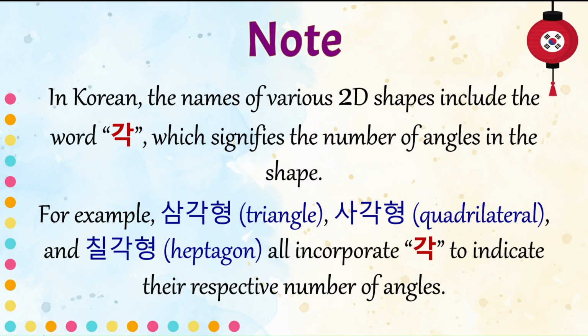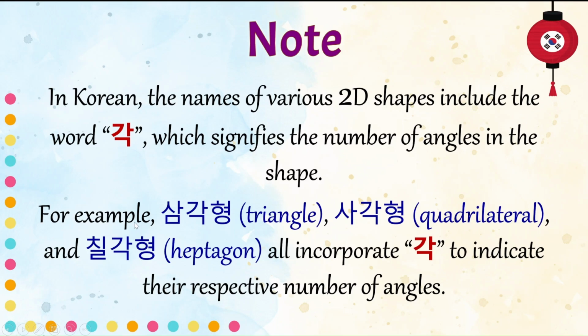If you look at that video, you'll notice that most of the 2D shapes have this word 각 in their Korean name. So what does this mean? 각 signifies the number of angles in the shape. The number of angles present in a 2D shape is signified using this word 각.